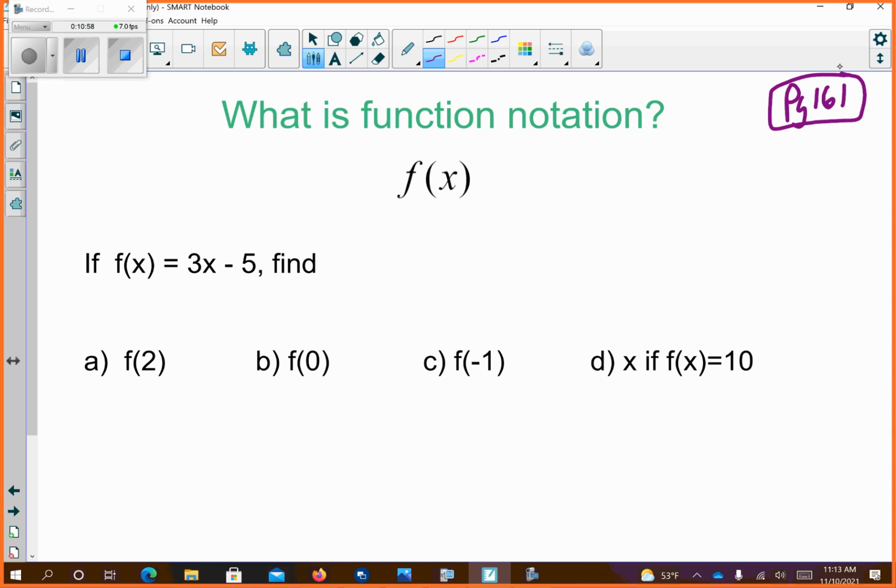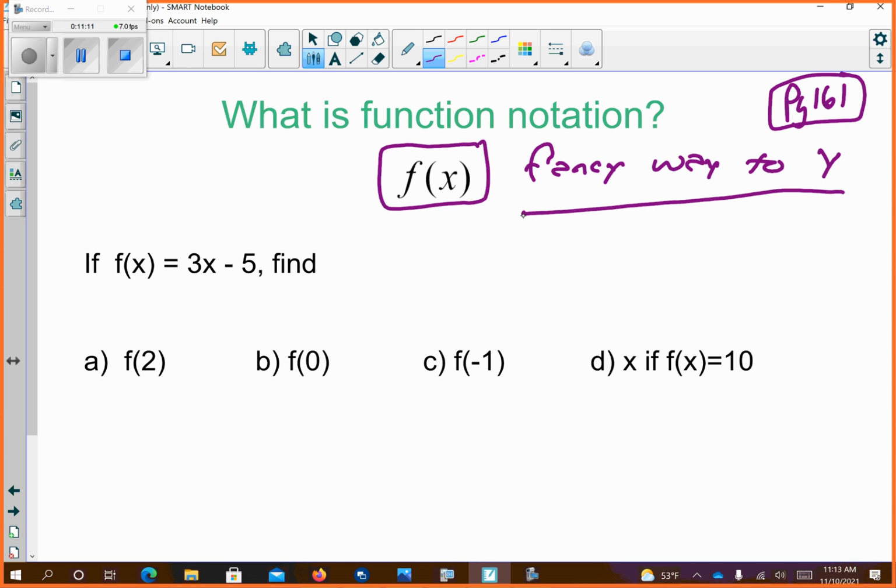All right. So, what is function notation? This is a fancy way to say y. So why do we use it? Well, a lot of times we use it if we have multiple linear equations given. You have y equals something, and then another one says y equals something, and then another one that says y equals something.